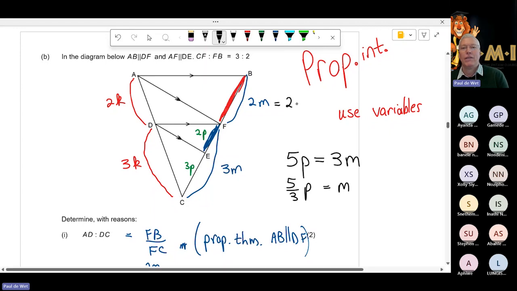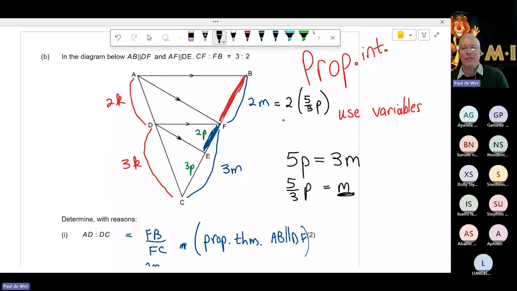M is 5 over 3p. So 2m is 2 lots of 5 over 3p, yes? Equals 10 over 3p. Well done.